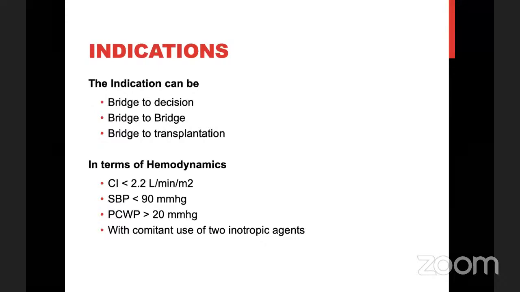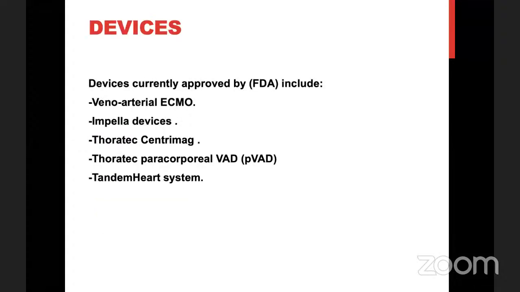In terms of hemodynamics: cardiac index less than 2.2 liters, systolic blood pressure less than 90, capillary wedge more than 20, and concomitant use of 2 inotropic agents. Devices currently approved by FDA include the veno-arterial ECMO, Impella devices, thoracic Centrimag, thoracic paracorporeal VAD, and TandemHeart system, which we are talking about each one apart.